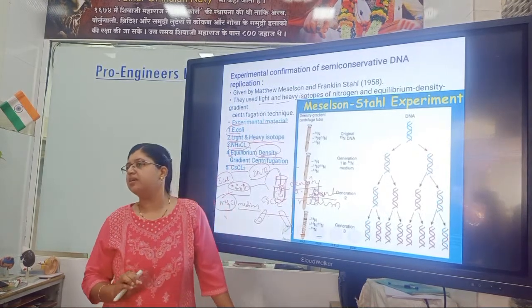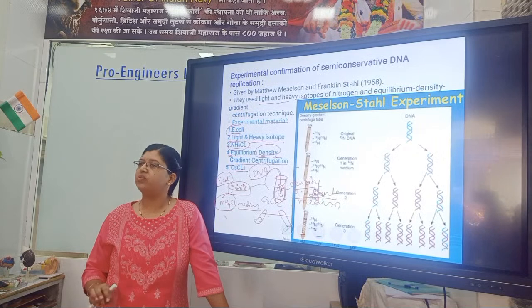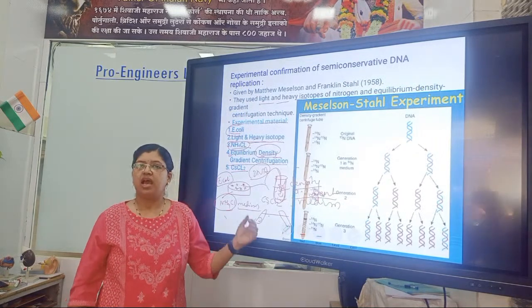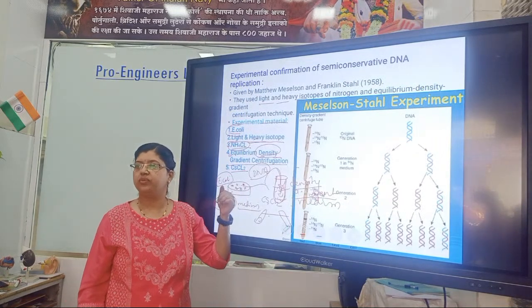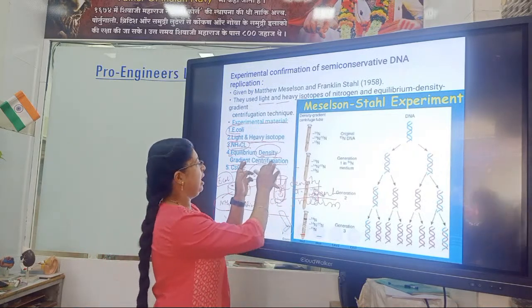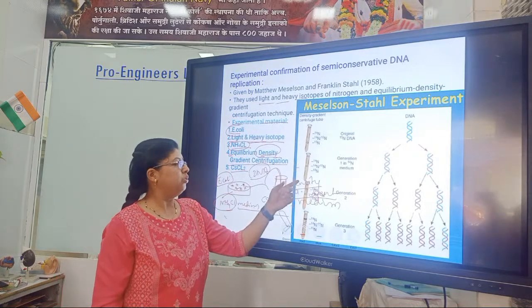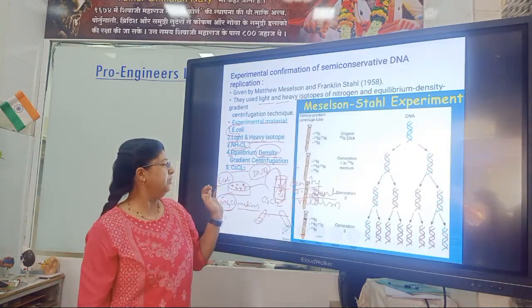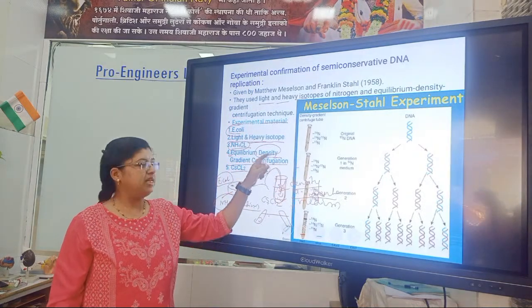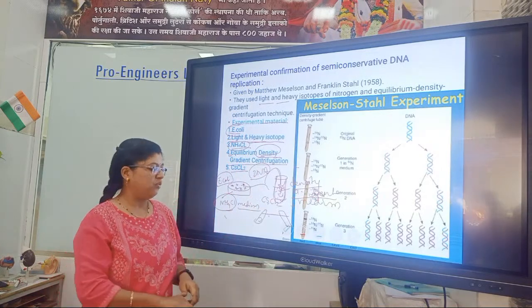Understood? Yes. Centrifugal force, same as in the Hershey and Chase experiment. To note down the density, they put the DNA inside the test tube in the density gradient medium. And what happens?